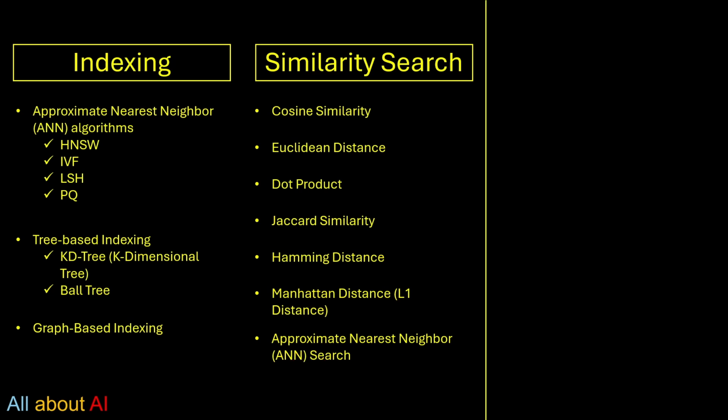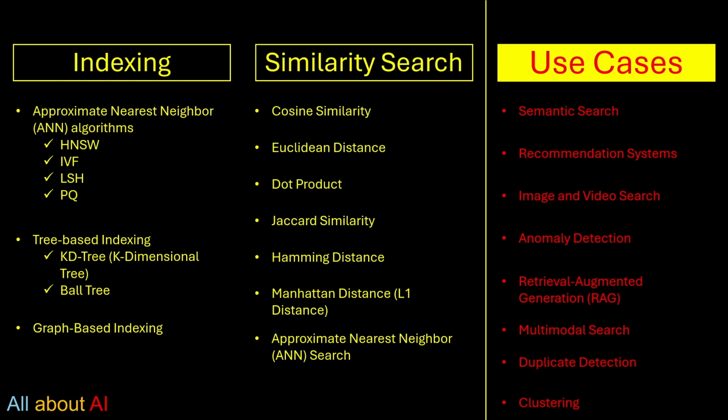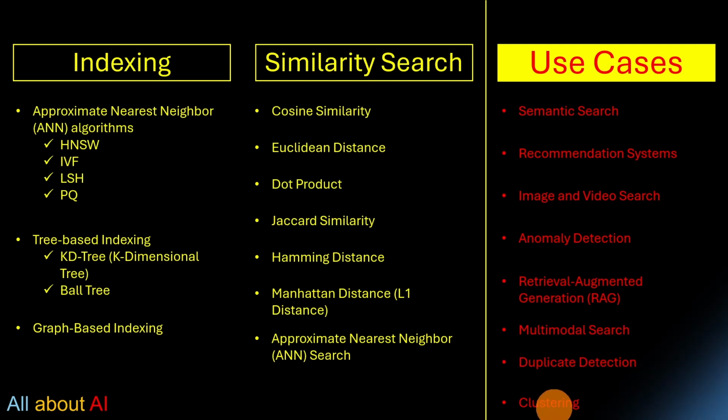From a use case point of view, while semantic search is the most prominent one, there are other uses like recommendation systems, video and image search, anomaly detection, and RAG. Nowadays, RAG has become extremely important in chatbots, where it extracts relevant information stored in a vector database. There is also multimodal search, duplicate detection, clustering, etc.